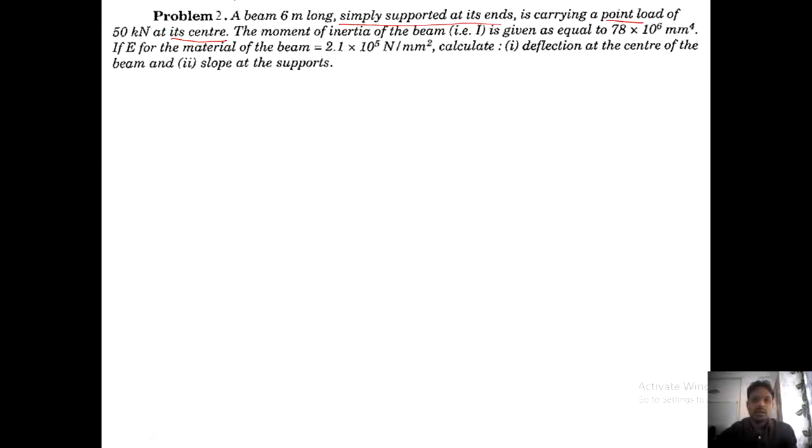So beam of 6 meter long, simply supported at its end, carrying a point load of 50 kN at its center. Moment of inertia of the beam is given as equal to 78 into 10 raised to 6 mm raised to 4 and Young's modulus value is 2.1 into 10 raised to 5.